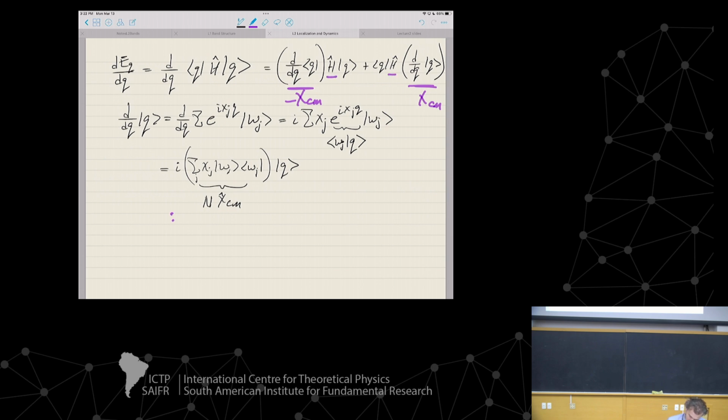And so modulo constants, you can see that the derivative I took to get that group velocity from the dispersion relation is now just the expectation value of the commutator of H and XCM, times constants. But this is, of course, the expectation value of the current operator, which I defined. And so it makes sense that I call this the group velocity. Like current, group velocity is showing you how things are moving around, okay?